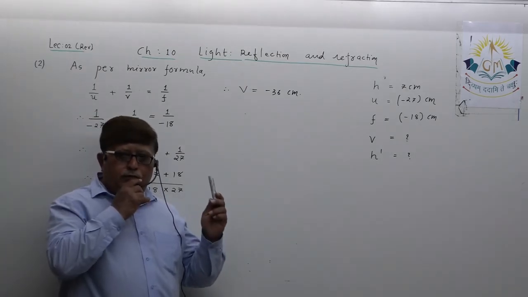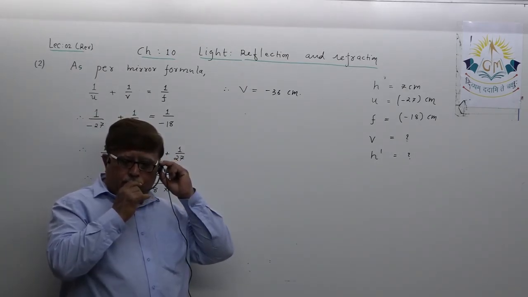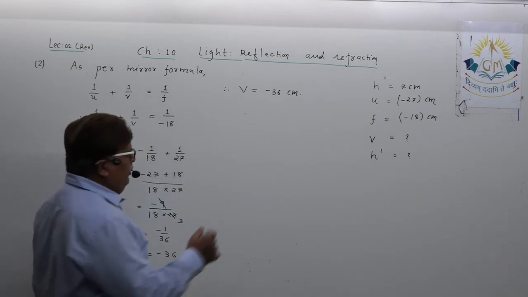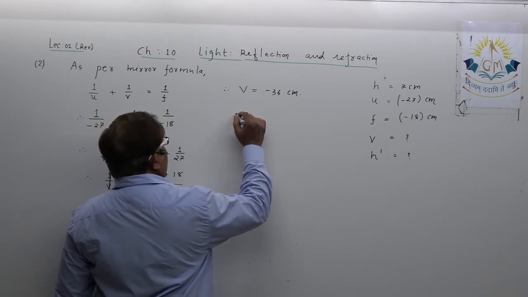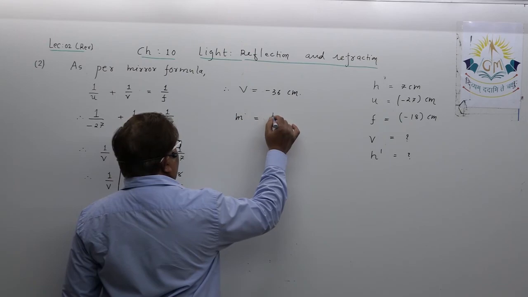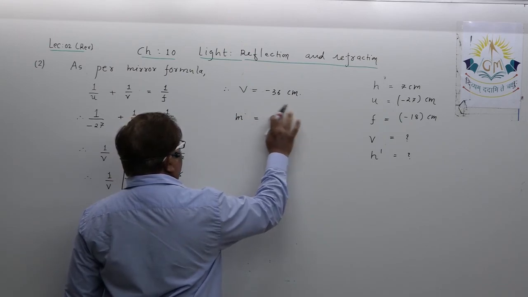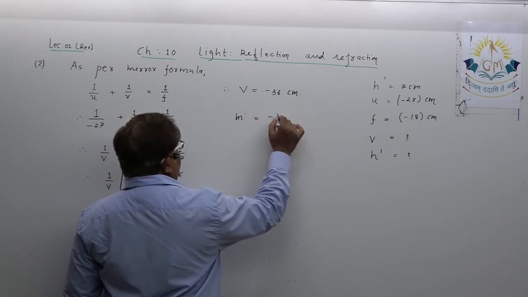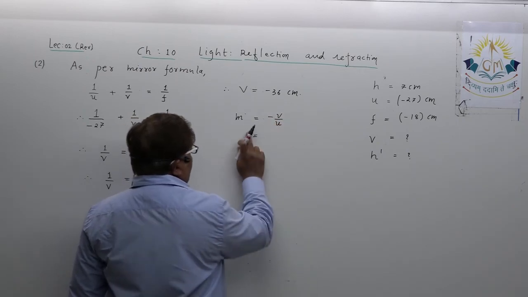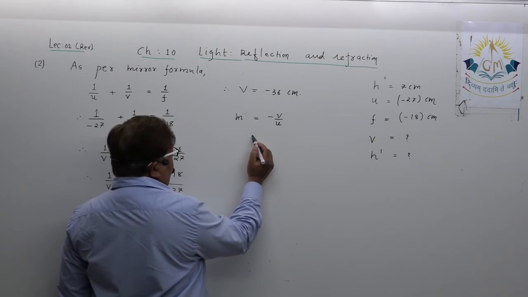Now we are looking for height. For that purpose, first you have to find magnification. That's minus v upon u. Let us substitute the values.